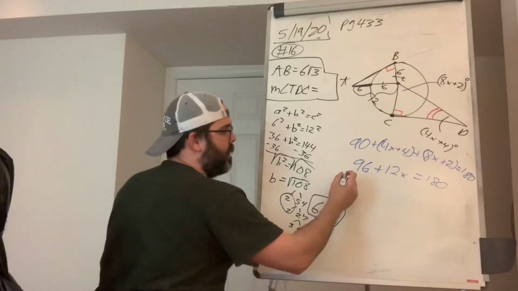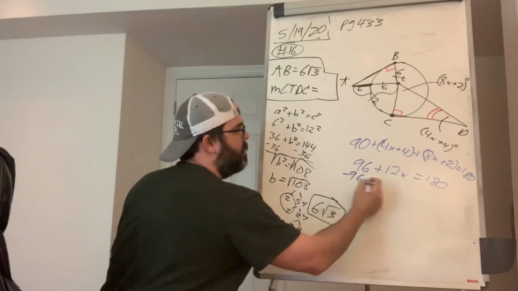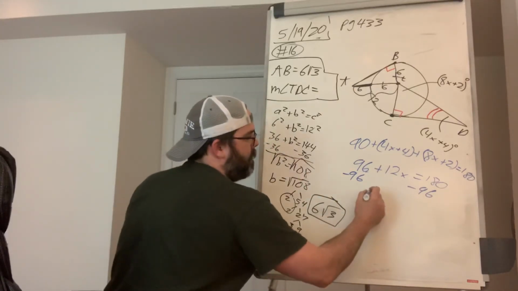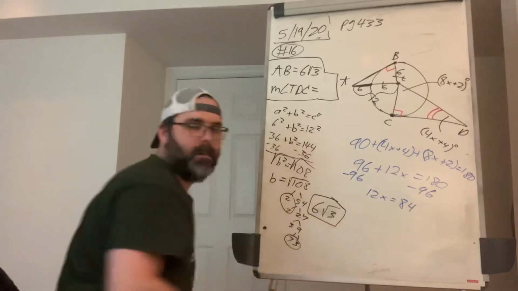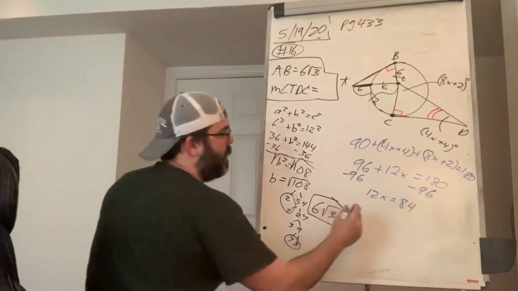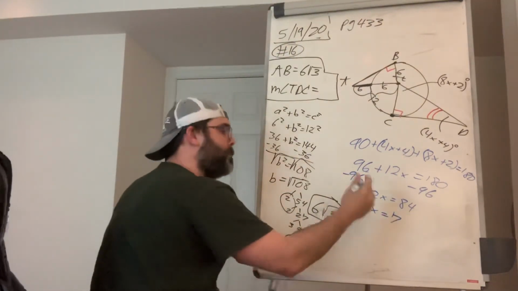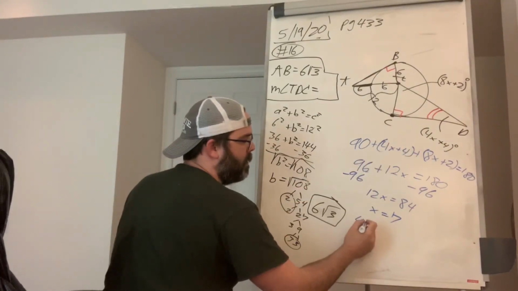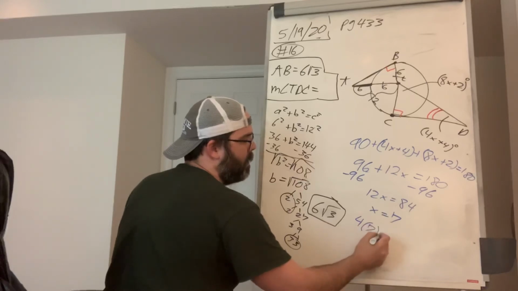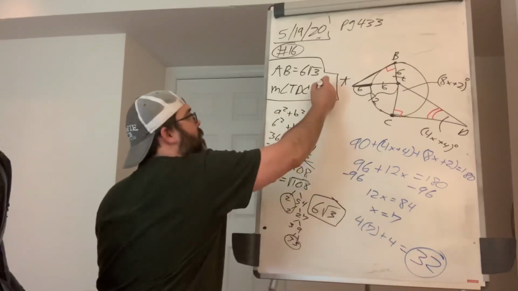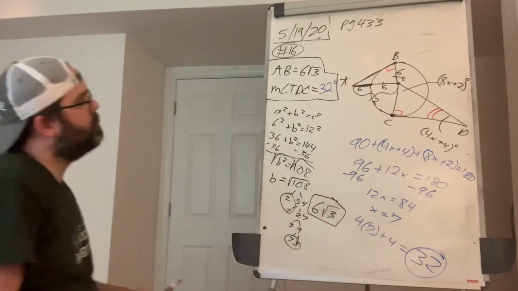I actually have to solve this, sorry. Minus 96, which is 84. 12x equals 84. 84 divided by 12 is 7. X is 7. Now 4x plus 4 is 28 plus 4, which is 32. So it's 32 degrees.